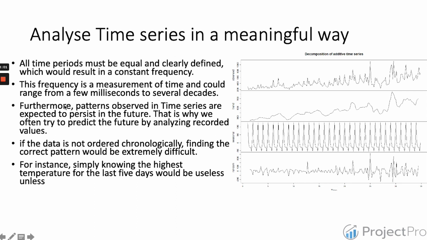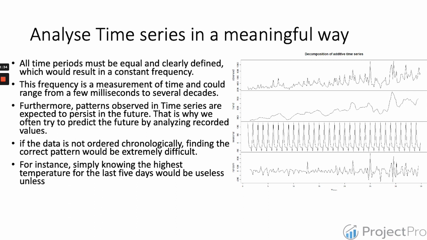All right. So furthermore, the patterns observed in the time series are expected to persist in future. That is why we often try to predict the future by analyzing the recorded values. If the data is not ordered chronologically, finding the correct pattern would be extremely difficult. So let's say the initial values are taken in days and the next value is taken in weeks, then in months, so it will be difficult to analyze, right?